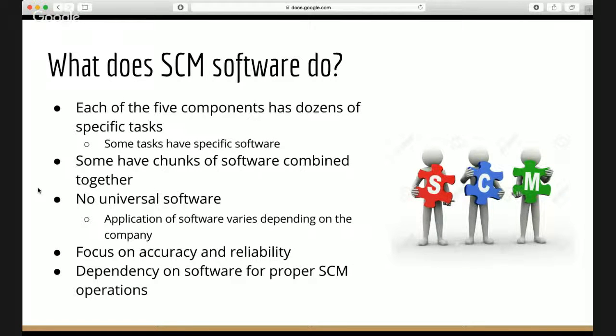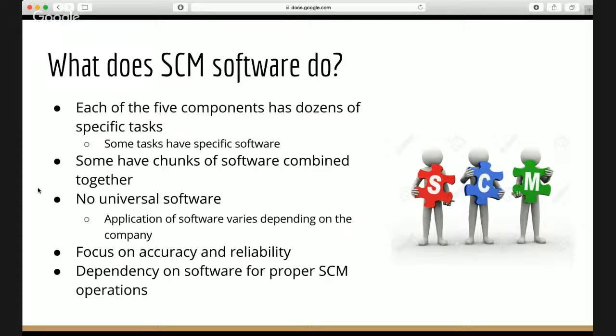And what does this supply chain management software actually do? Well, it gives each of the 5 components that I described before more adaptability and more options. So each component has dozens upon dozens of specific tasks, and some of these tasks have specific software. Some of the software has chunks of it combined, but there's no universal software.